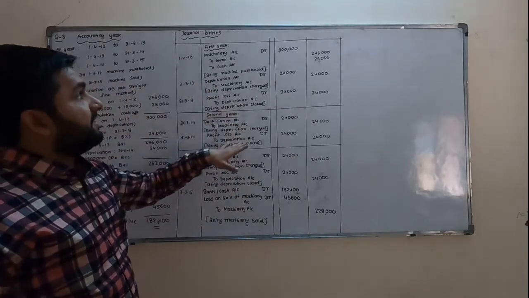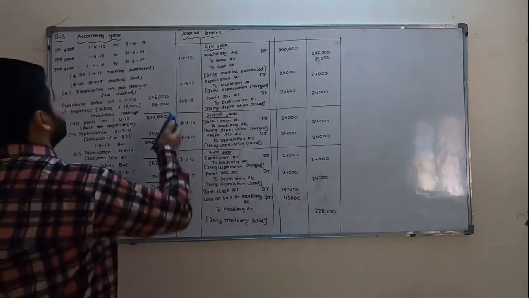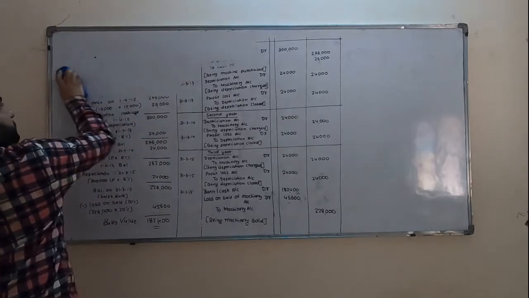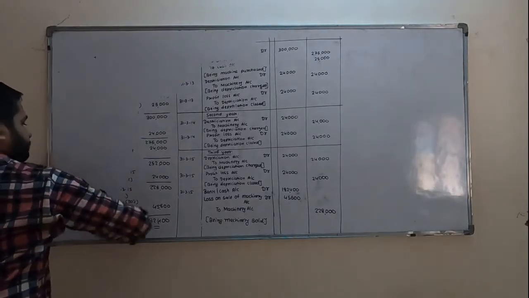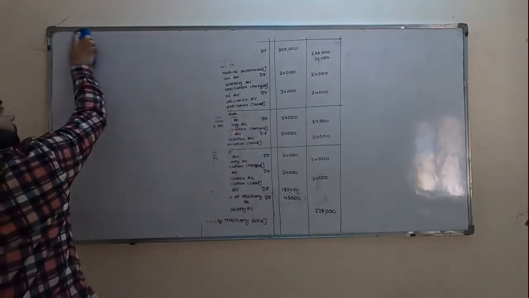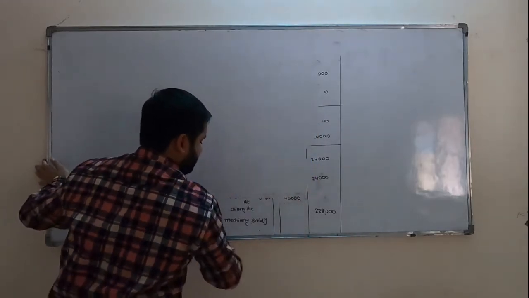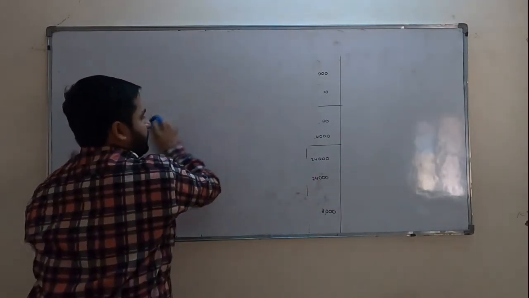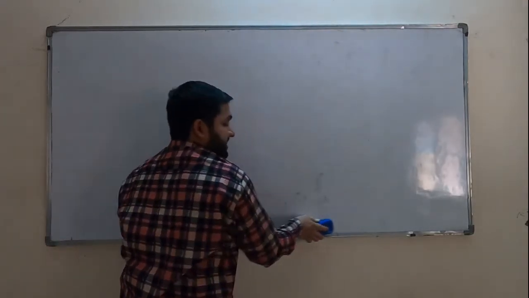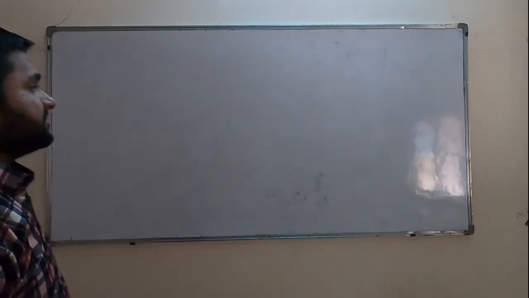So now journal entries are over. Now we have to give a machinery account for 3 years. So we are drawing machinery account. Just you have to look at the entries and post where machinery account is given. In yesterday's sum, depreciation account was there, so we had to look at the entries for depreciation account, but today depreciation account is not there.